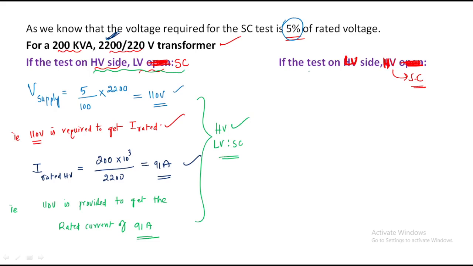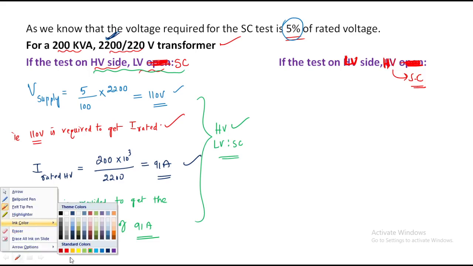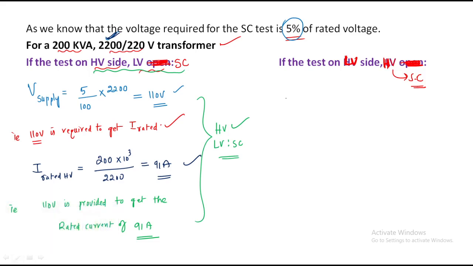Now, what will happen if we conduct this test on the LV side? HV is short circuited. Then again 5% of rated voltage is required. Therefore, the supply voltage needed is 5% of LV 220, which is 11 volts.